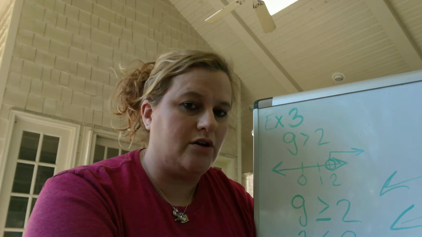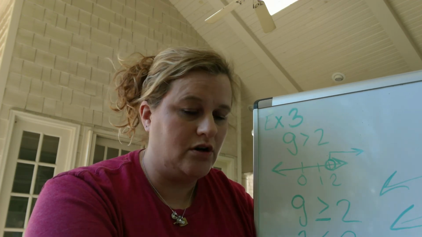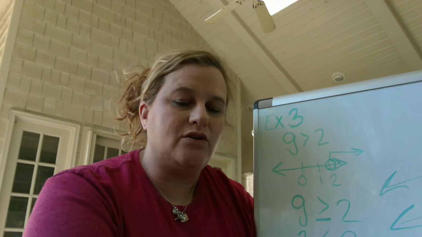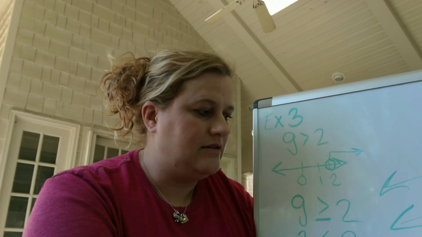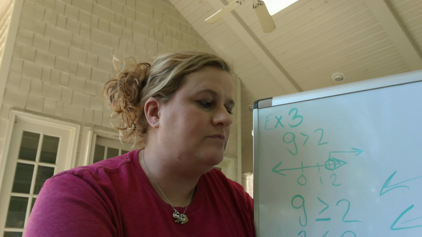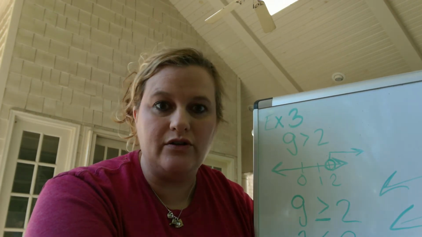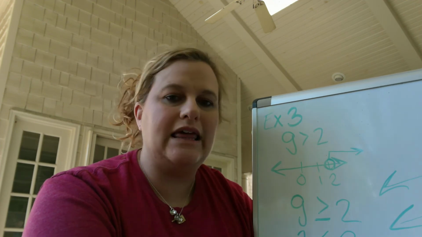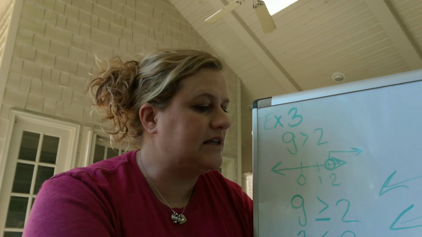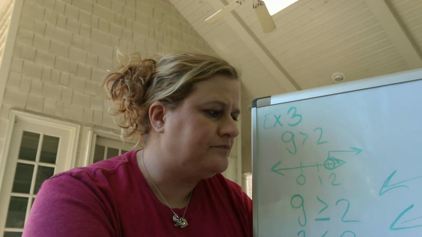The arrow is going to the left, lesser numbers. So that tells me it's going to be a less than sign. So my answer for 21 would be x or y or g or whatever variable you want to use is less than 1, not less than or equal to, just less than 1.